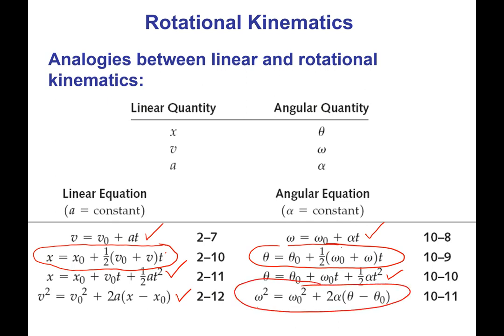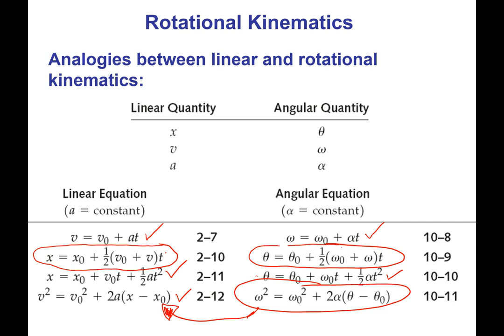But the cool thing about this one, it's the exact same thing as this. They're just changing your V's to omegas, your A's to alphas, and your X's to thetas. So technically you do have this equation, you just have to remember to convert. There you go.